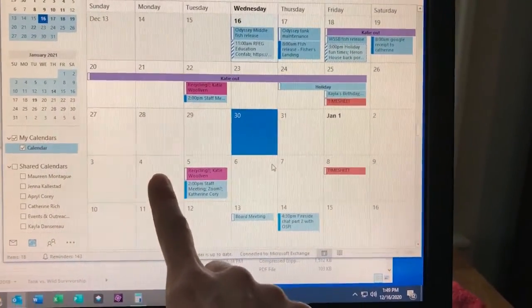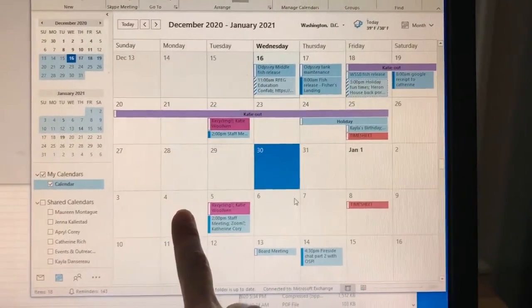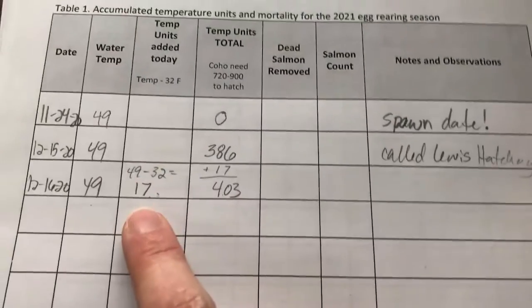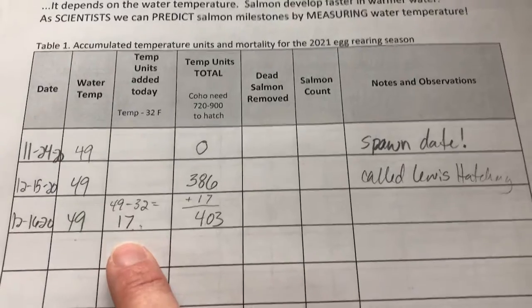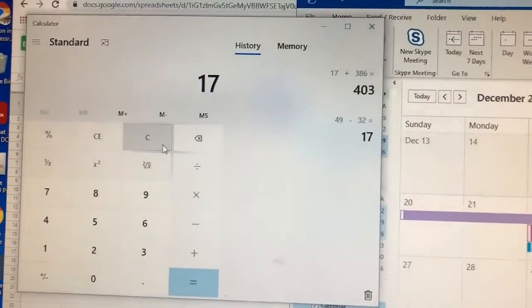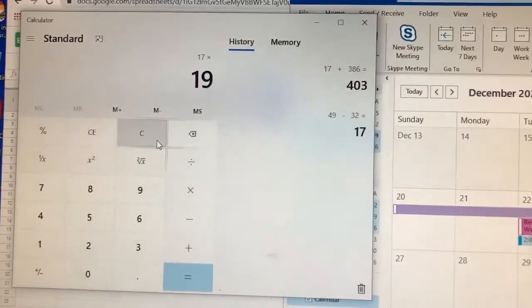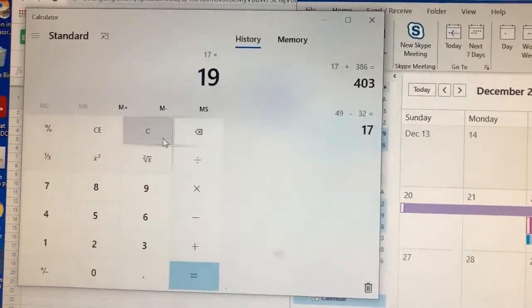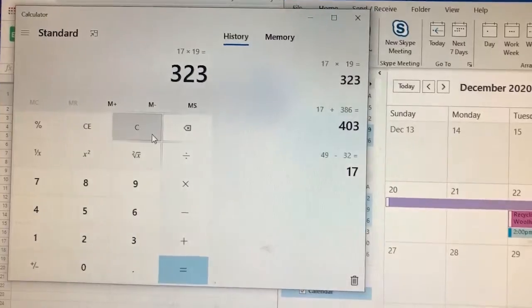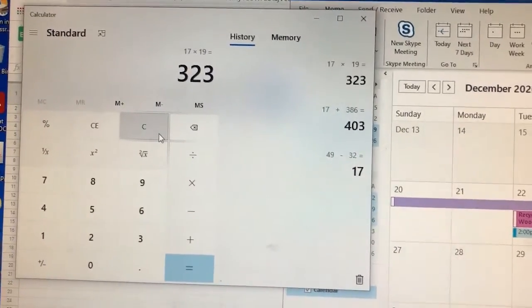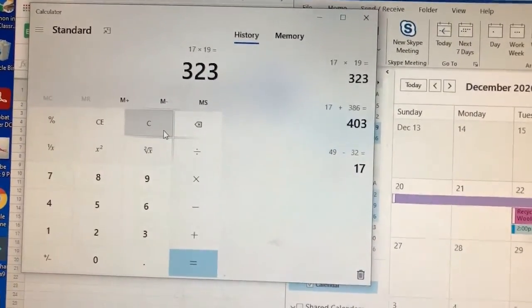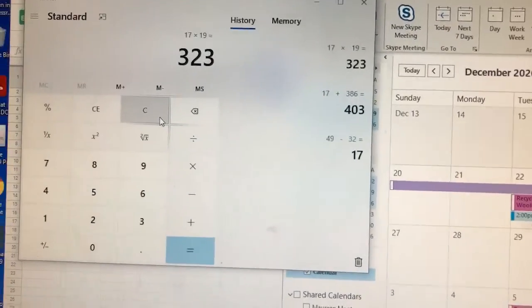Okay, so I'm curious, what are the temperature units going to be in 19 days? I'm adding 17 temperature units a day. 17 times 19. So 17 temperature units a day times 19 days. I'm looking at adding 323 temperature units in between now and January 4th.